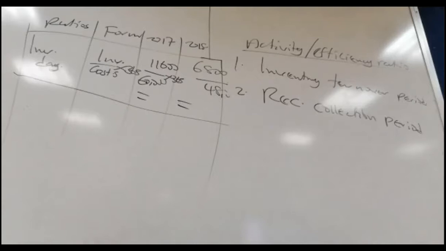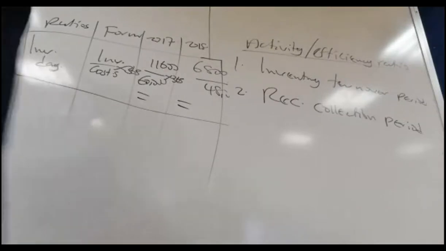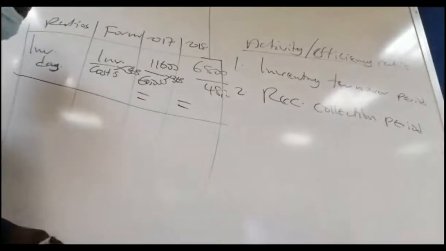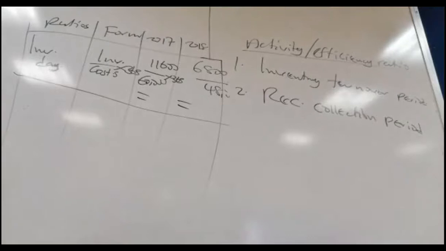Receivable collection period. So how long does it take the organization to collect or receive the proceeds from the credit sales? So here too, the shorter the better, the reverse is true.